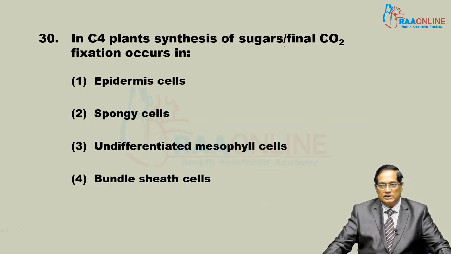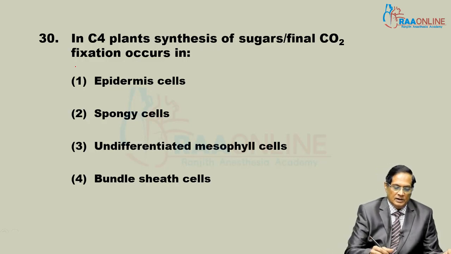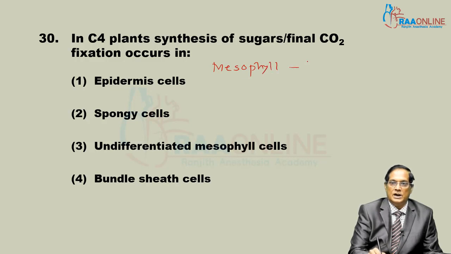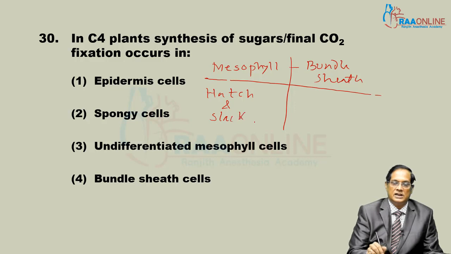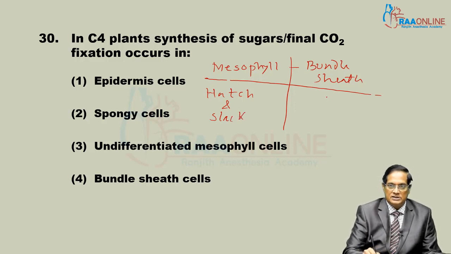C4 plant sugar formation. Actually, the C4 cycle takes place in two structures. Part 1 is in the mesophyll cell, then part 2 is in the bundle sheath cell. In the mesophyll cell, the Hatch and Slack cycle is in operation, whereas in the bundle sheath the Calvin cycle takes place.